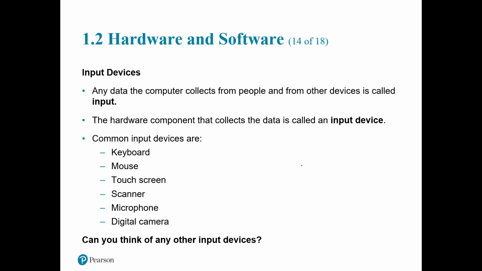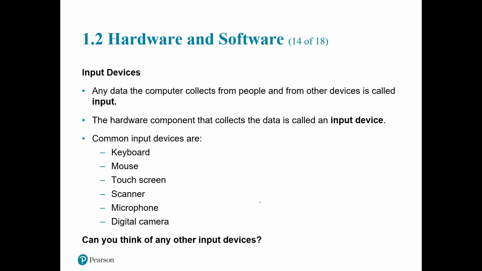Moving on to input devices. So what are input devices? Any device that can collect some information for you and send it to a computer is called an input device. And any data that your computer collects from you, from the user, is called input. These are some common devices that we have: a keyboard, a mouse, a touchscreen, a scanner, a microphone, a digital camera.